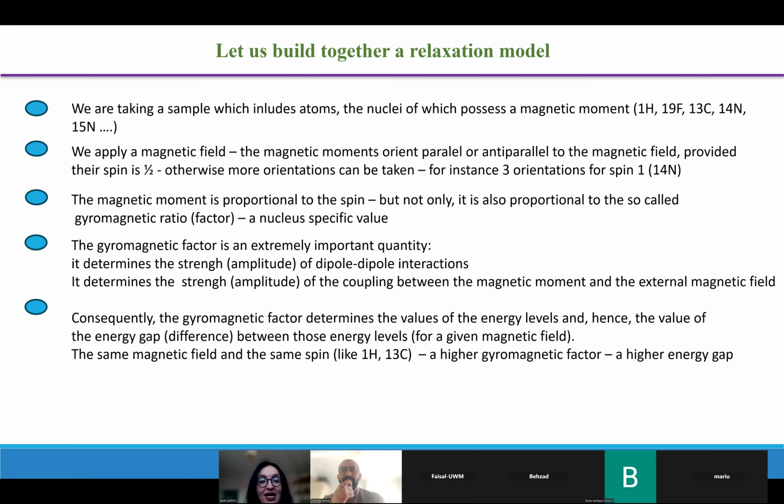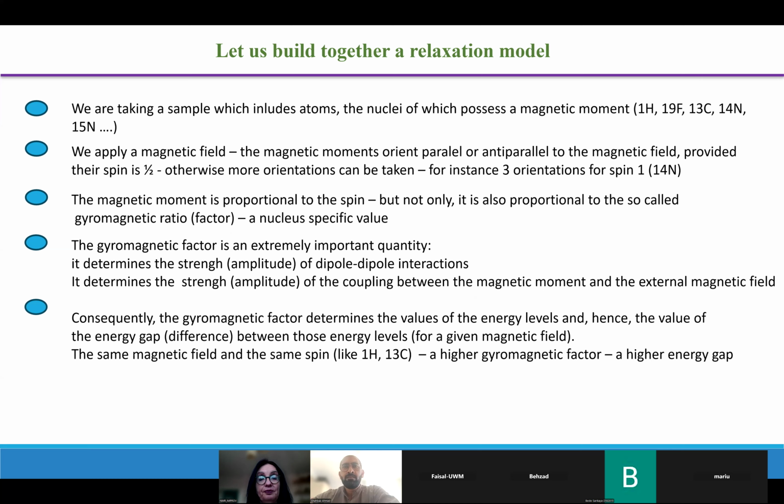However, the story starts with how magnetic moments of specific nuclei behave in a magnetic field. If they have only two possible orientations, the spin quantum number associated with this nucleus, and you will see this word very often when you study NMR, is 1/2. In case there are three possible orientations, the spin quantum number is 1. Actually, the spin quantum number can be up to 9/2, but whatever, at this moment.